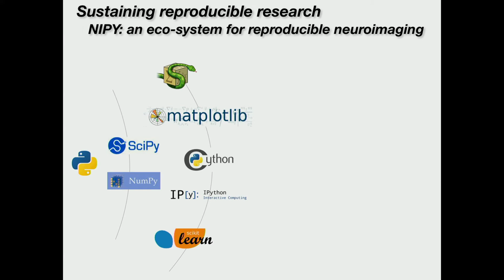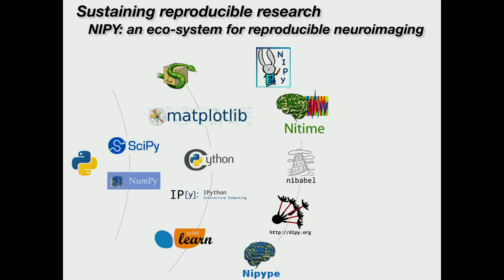The ecosystem idea is that we have the Python language, and people have written very good tools to do general scientific computing based on the Python language. And building upon that, we've built a series of tools to do specifically neuroimaging research in Python, including libraries to do time series analysis, libraries to deal with file formats.